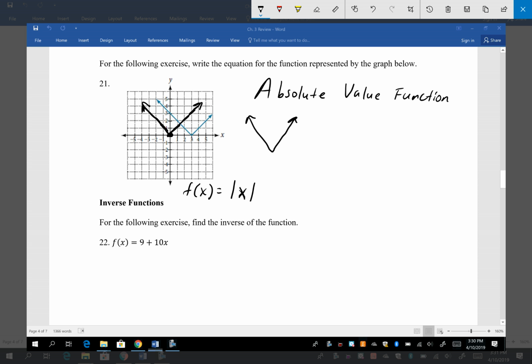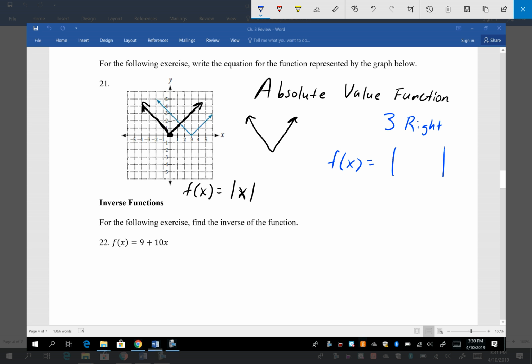But you'll notice the blue one up here looks like this, but it's not in the same position. It's been shifted. How has it been shifted? 3 to the right. So the question is, how do you write the answer? If you know it's 3 to the right, what's that going to look like?